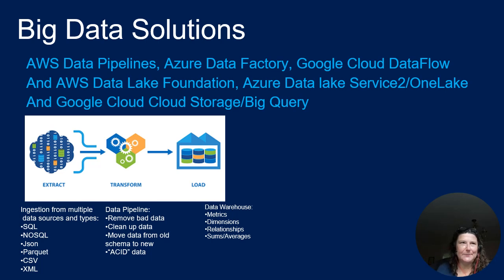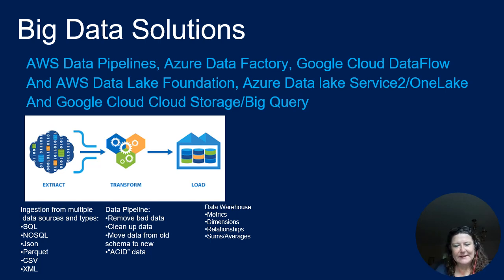ACID being atomic, consistent, isolated, and durable. Adding that layer to the data makes it more like a Databricks situation or a data lakehouse situation, where you've got that ACID layer on top of the data or data lake.